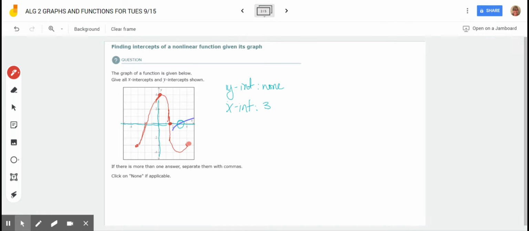And I asked you for the y-intercept and the x-intercepts. Normally you won't get these little dots. It's just because it's hard to hand draw, so it's kind of like indicating that it really does go through there.